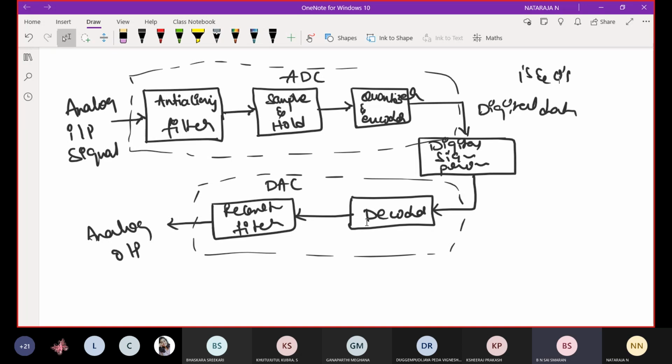Sir, what is the last block, sir? Reconstruction filter. This one now. Yes, sir. Reconstruction filter.